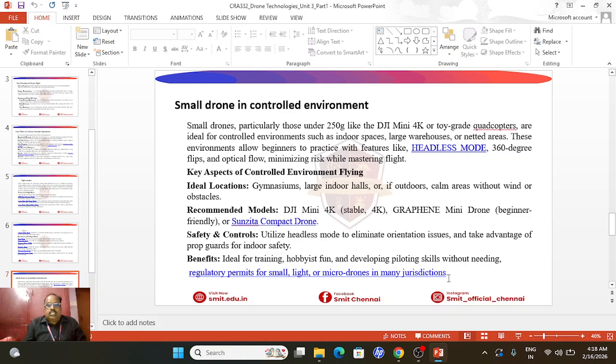Recommended models include the DJI Mini 4K, a stable 4K, beginner-friendly mini drone.